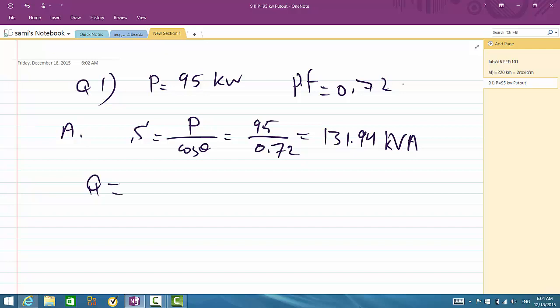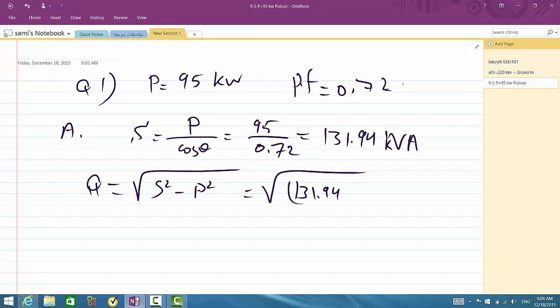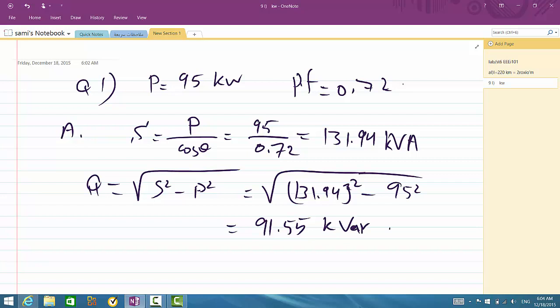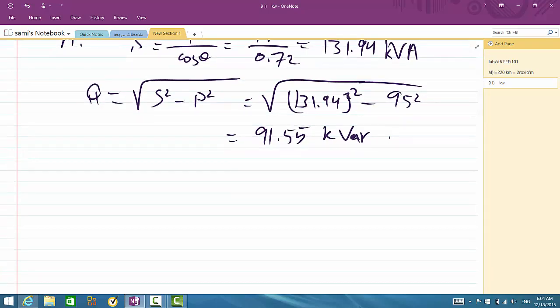Q, which is the reactive power, will be the square root of S squared minus P squared. So it's going to be the square root of 131.94 squared minus 95 squared, and this will give me about 91.55 kilovar. So we found what we have been asked in A.